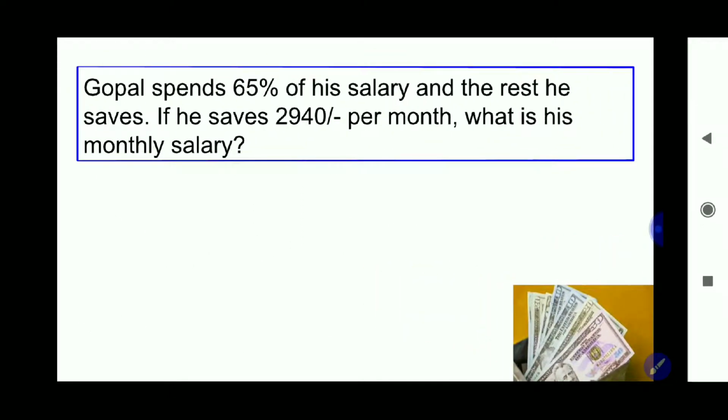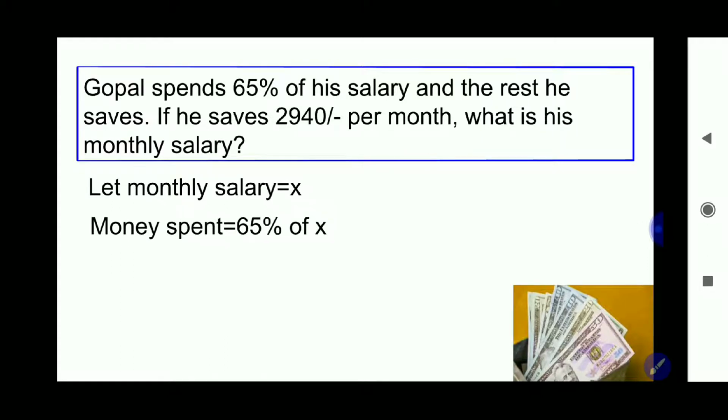One more question. Gopal spends 65% of his salary and the rest he saves. If he saves 2940 rupees per month, what is his monthly salary? Let his monthly salary be x. Then the money spent is 65% of his salary.